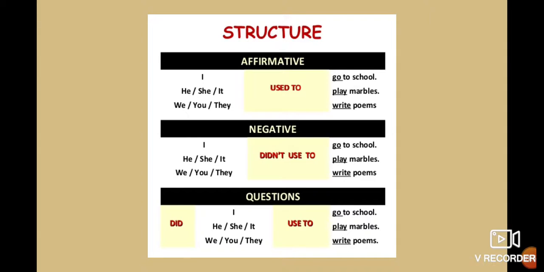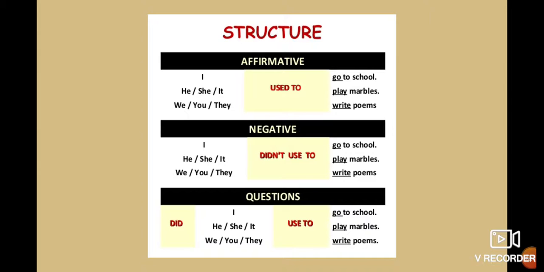But in negative, you use the auxiliary or helping verb didn't, and in this case, it's not necessary that you add the letter D at the end of the verb use. Why? Because you have the helping verb did not. In this case it is negative, so it is not necessary that you add the letter D at the end of the verb.